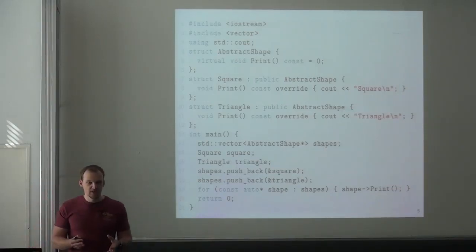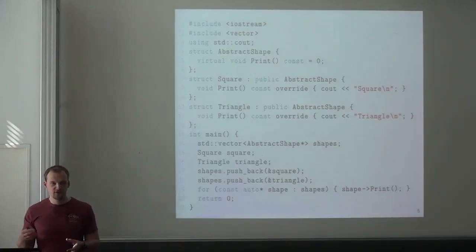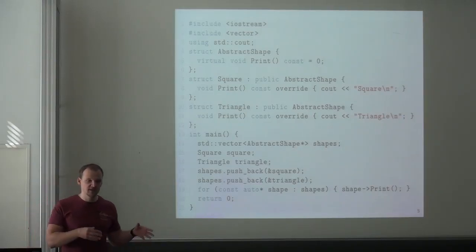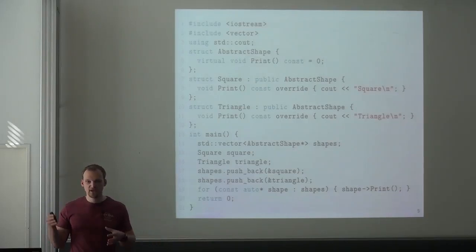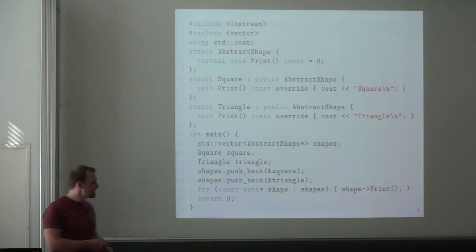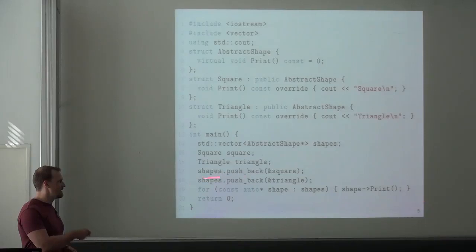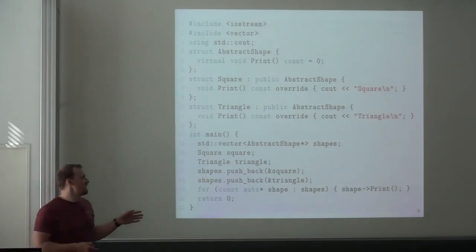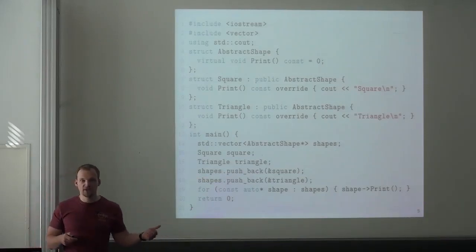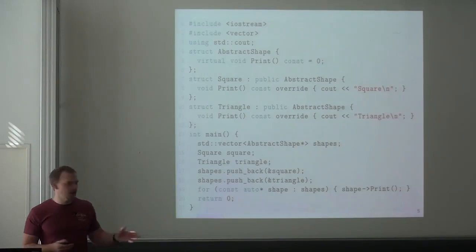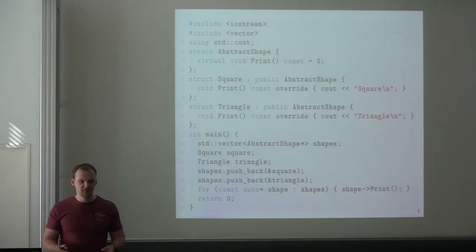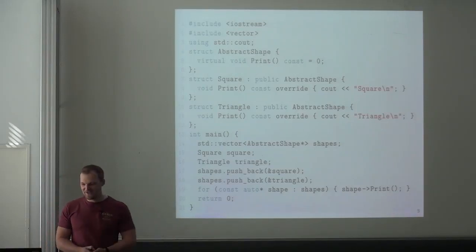At this point, you don't have to know what is stored in the vector as soon as you've created an object correctly. The overriding of the functions and the virtual tables of the classes will tell you what object is actually stored there. So now if you run this line, it will actually print the square and the triangle just as you would expect. And again, try it out, copy, see that it actually works. If it doesn't, tell me, but it does.